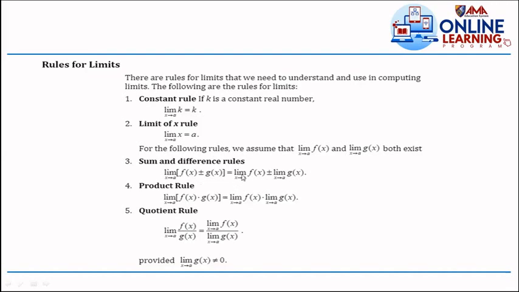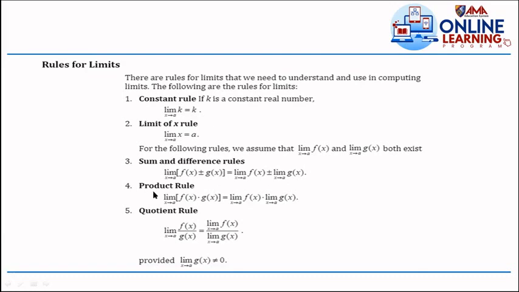So we have the limit of f(x) as x approaches a, plus or minus the limit of g(x) as x approaches a. Okay? So that is for the addition and subtraction of limits.